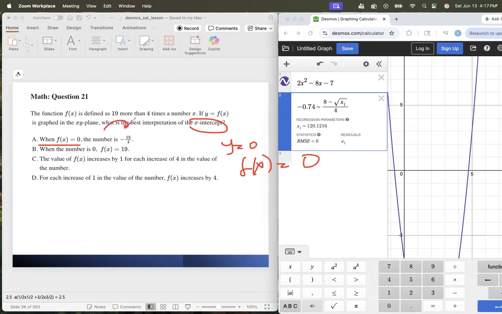I don't care whatever function they're going to give me. It says it's defined by 19 more than 4 times x. And you see 19 plus 4 times x is equal to y. That's your function. You see, I can draw it. Y is equal to 4x plus 19, right?